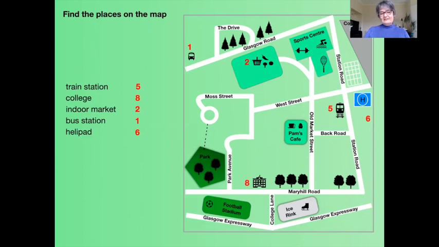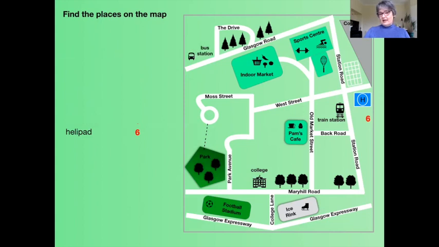The train station is on Station Road. The college is on Maryhill Road. The indoor market, that's on Old Market Street too. And the bus station is on Glasgow Road. And the helipad is on Station Road, near West Street. Okay?